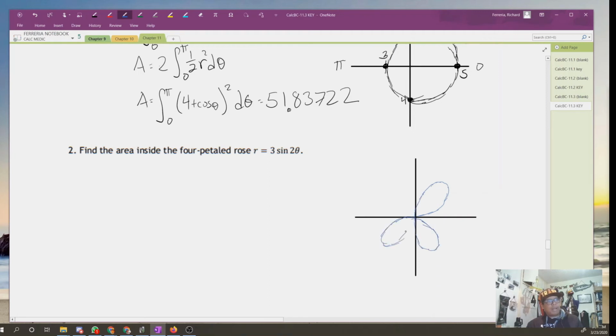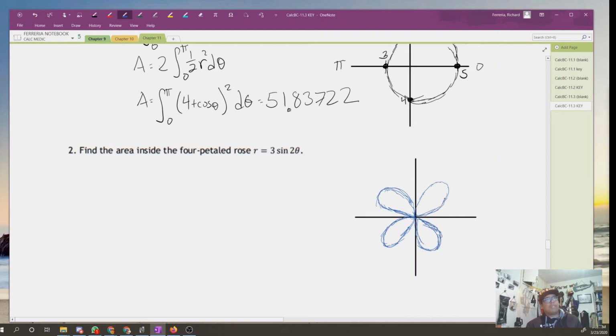Part of my idea of this cloverleaf is I've graphed more than a couple of these polar functions in my lifetime. And if you want to be really good at this, you're going to need more than one semester of graphing polar functions, I'll tell you that. So having a little bit of experience here helps out a lot.